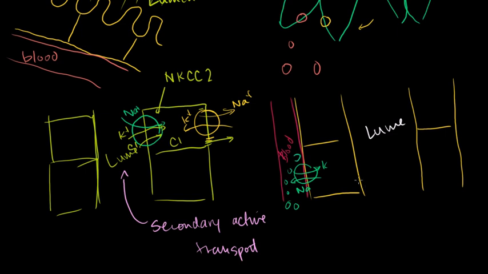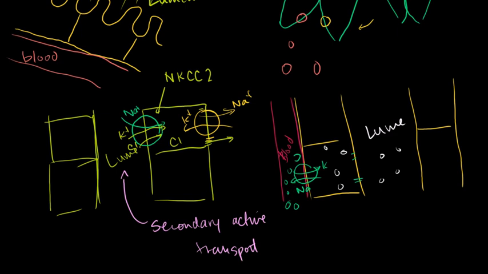The apical membrane that faces the lumen is porous to calcium. So whatever the concentration of calcium here, it's going to be here. These are calcium ions, just floating around. And right here, what you have is an antiporter. Our concentration of sodium in the blood is going to be higher because we keep pumping it out.